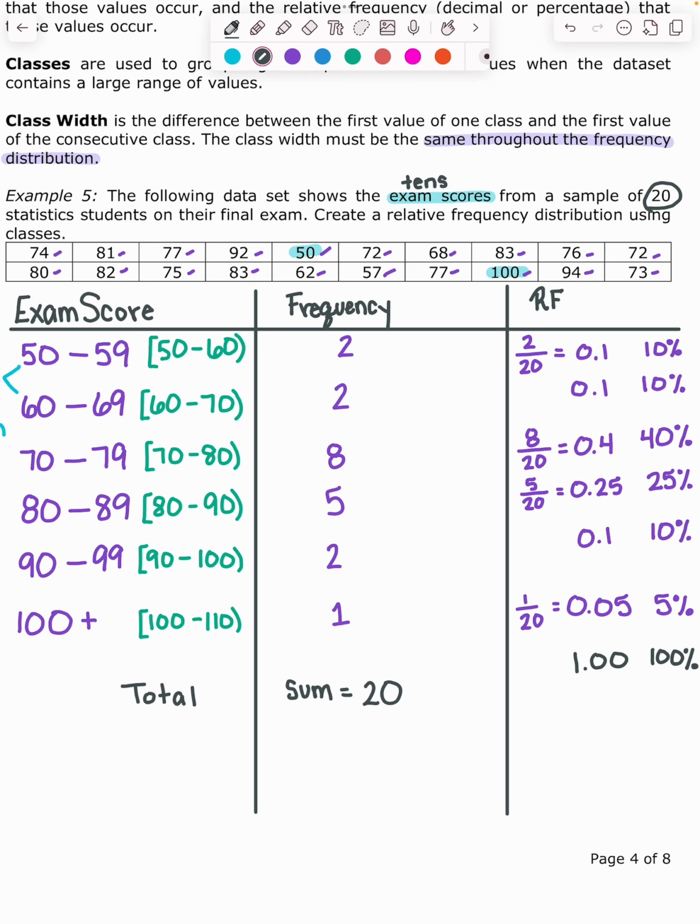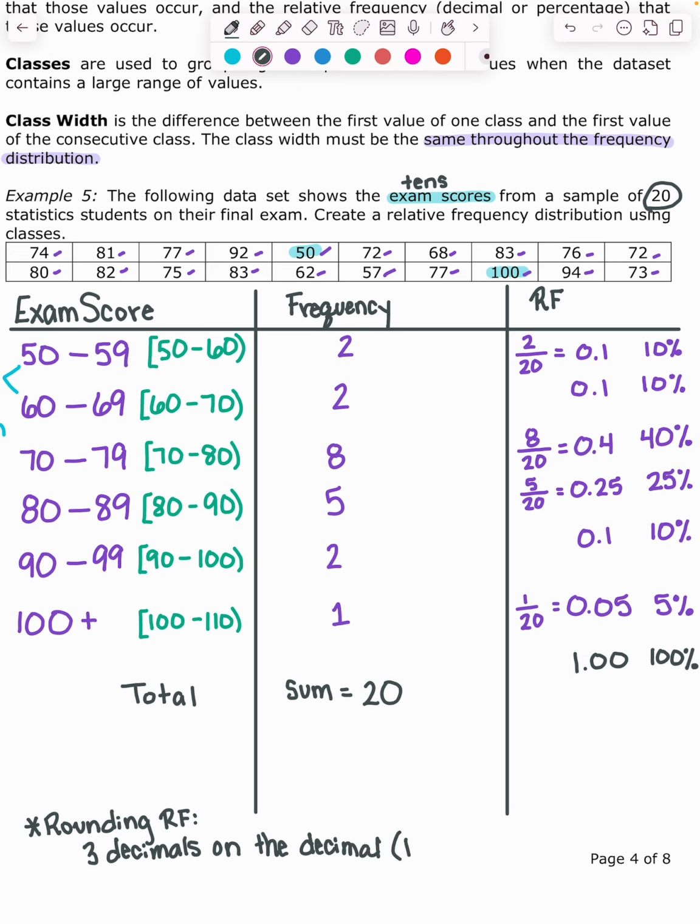And I'm going to make a note here. When you have rounding on your relative frequencies, a good general rule of thumb, this is not a hard and fast rule, but a good general rule of thumb for rounding on your relative frequencies is to have 3 decimals on the decimal.